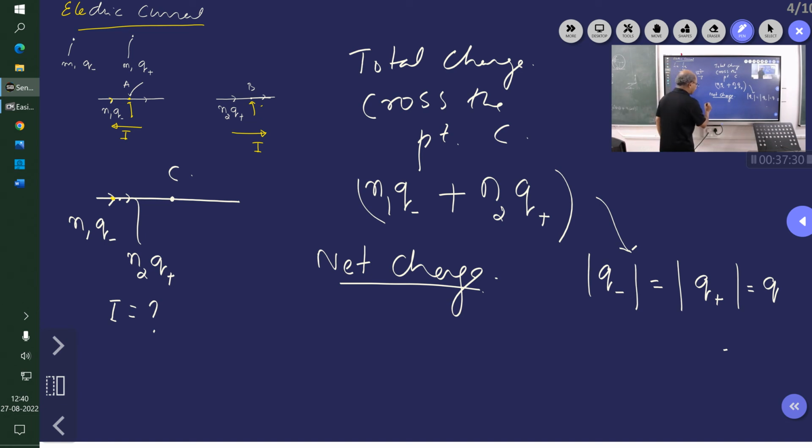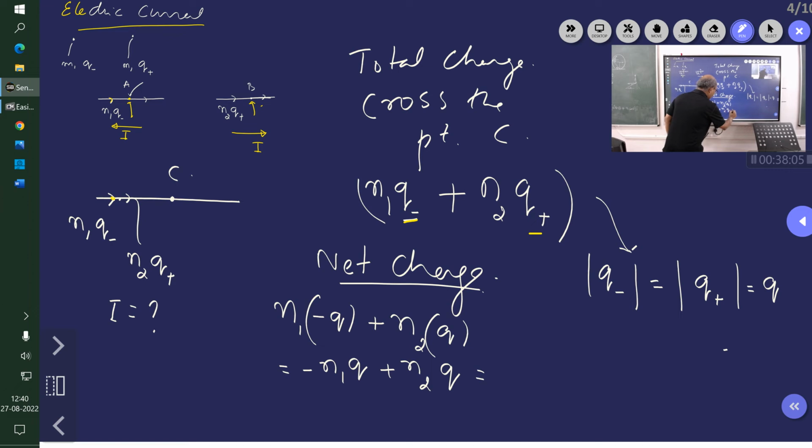Okay, now you see. With this convention, I will write N1 Q minus as minus N1 Q, because it is negative charge, plus N2 Q plus. The magnitude of Q plus is Q only, plus Q. So I will get minus N1 Q plus N2 Q. Q is common, so I will write it as Q into N2 minus N1.